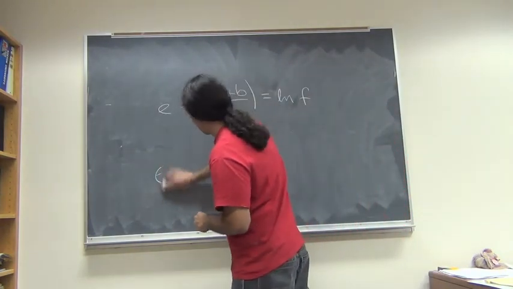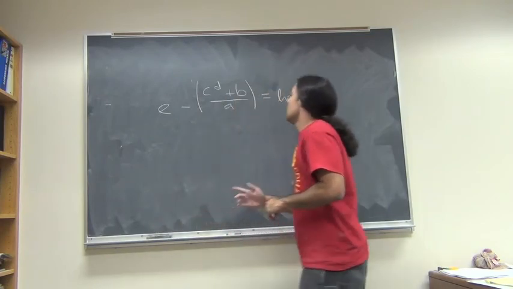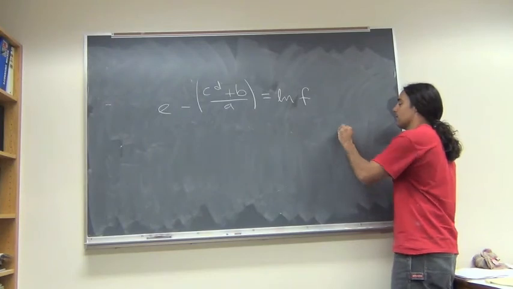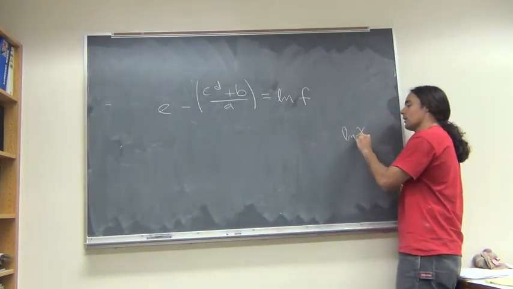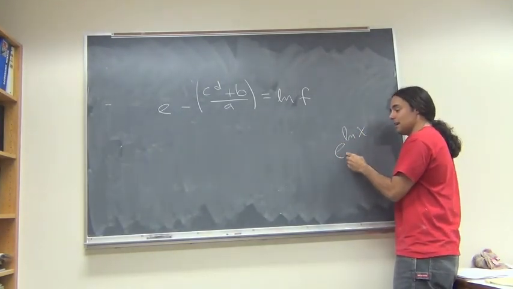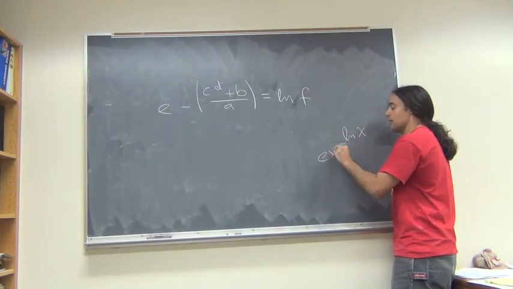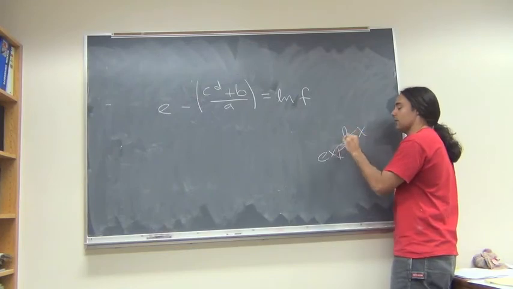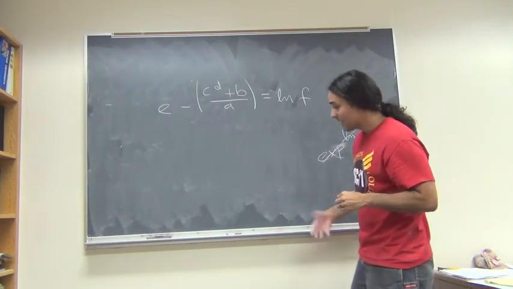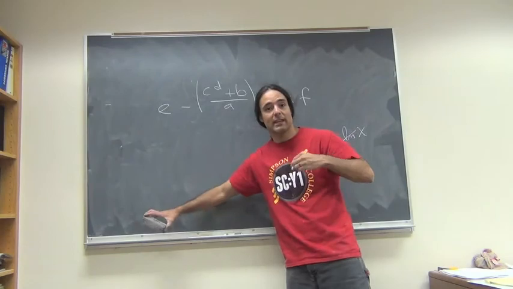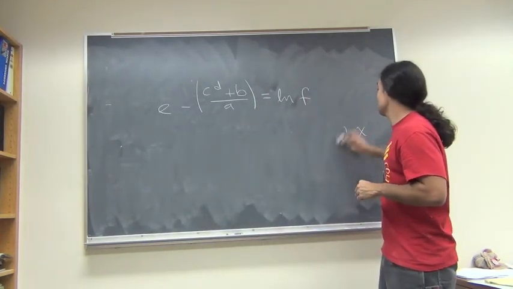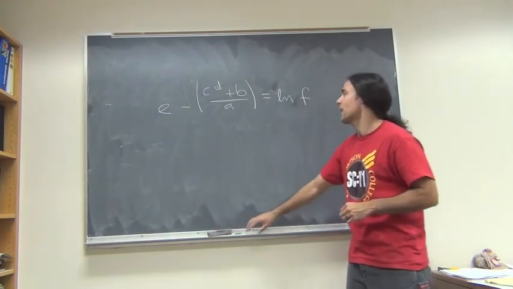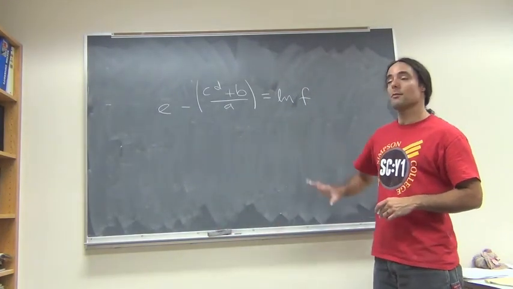I'm covered in chalk dust right now. The way to undo the natural log is to say if I have log x, and then I take e, the exp button on your calculator, to the log x, these things are going to cancel out. So I've got to take the exp on either side. I'm taking the number e, not e the variable e. I probably should have paid attention to that. But e, the number e, to the power of both sides.